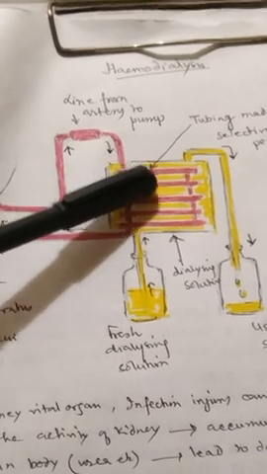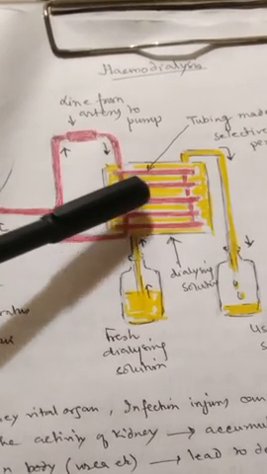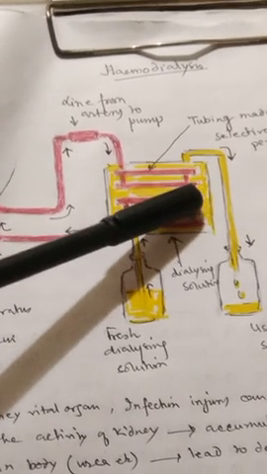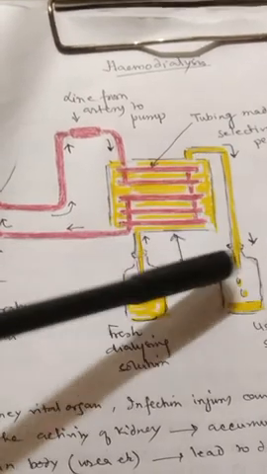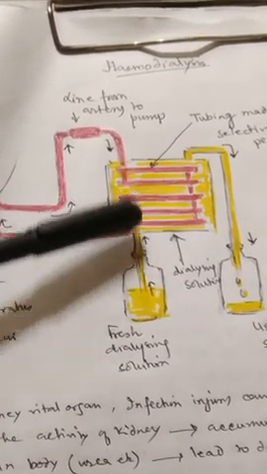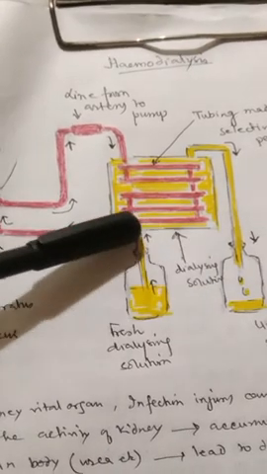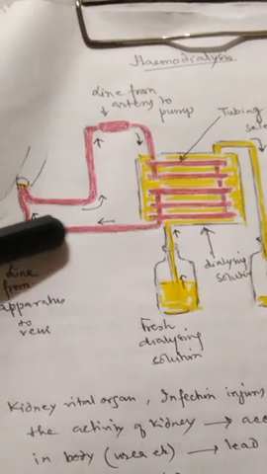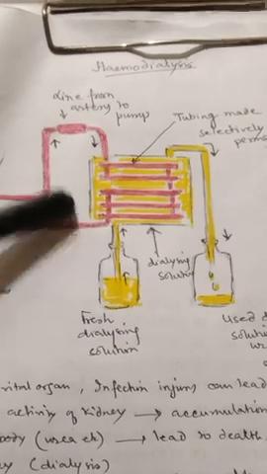So nitrogenous waste diffuses through the semi-permeable membrane from the blood to this dialyzing fluid, and as the nitrogenous waste increases, it is given out, and fresh dialyzing fluid is continuously given. When the blood moving through the tubes gets purified, it is put back into the patient. So this is how dialysis occurs.